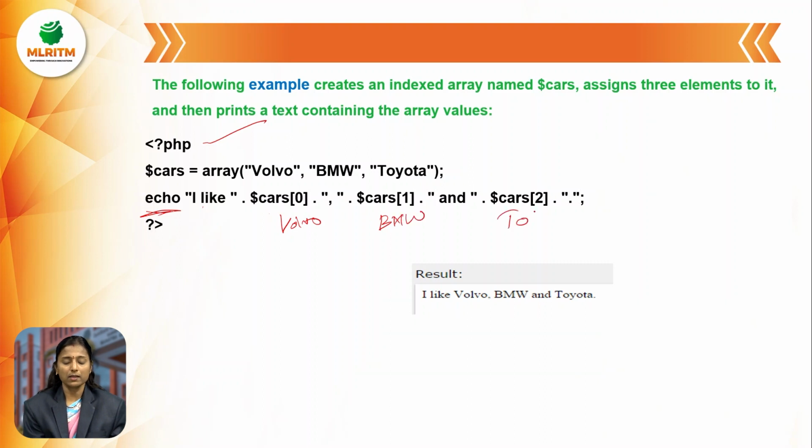Then next it is Toyota. Okay, here I like Volvo, BMW, Toyota. This is called the indexed array, but we have declared it with the array names. In this format, the result will be I like Volvo, BMW and Toyota. These are the array values. Okay, this is an example of an indexed array.